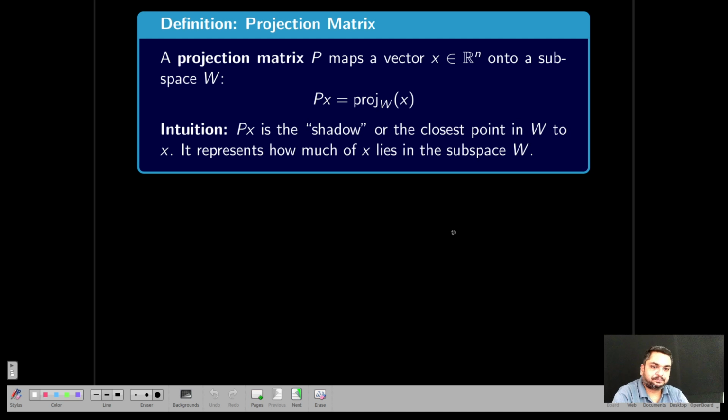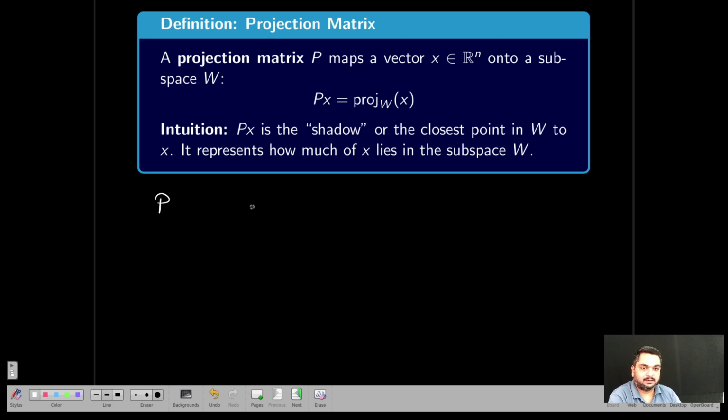So let's begin. Here is a formal definition. Projection matrix P maps a vector X belonging to real space onto a subspace W. What are the items here? There is a matrix, the projection matrix.